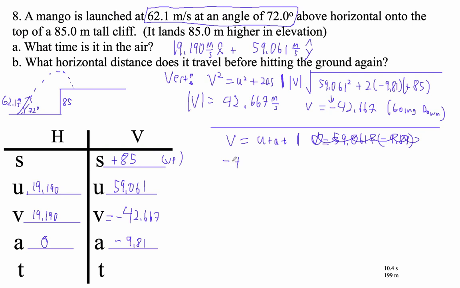So negative 42.667 is equal to 59.061 plus negative 9.81 times t. And now we can solve for t. Okay, so let's see. All right, divided by 9.81, 10.3697.